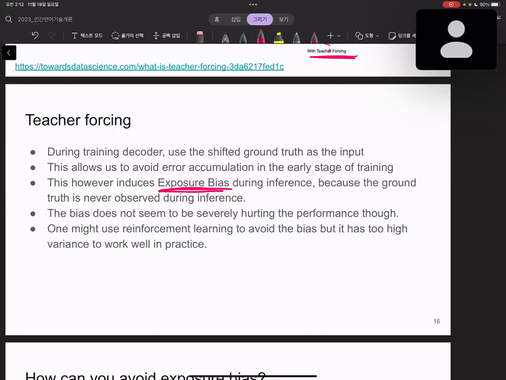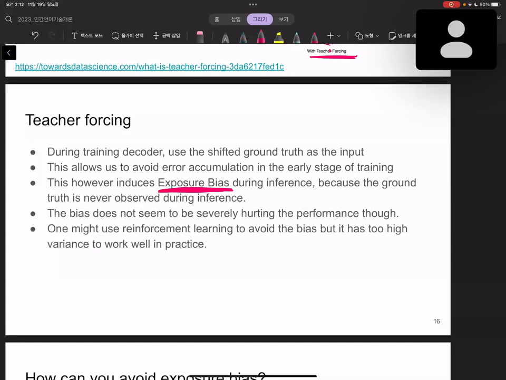So what is exposure bias? During training, our network always uses the ground truth information, right? But during inference, there is no such information.